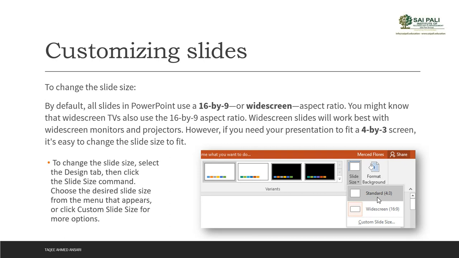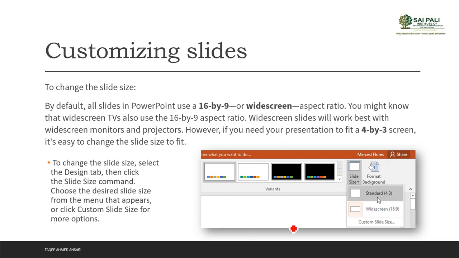Suppose I'm using a projector, and I'm using a 4 by 3 ratio for my presentation, it will be difficult to adjust that in a widescreen PowerPoint slide. So we can change the size of our PowerPoint slide if we want to present it in a different slide ratio. We can do it from here.